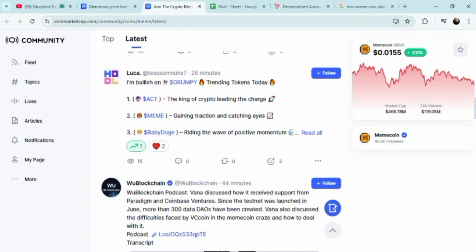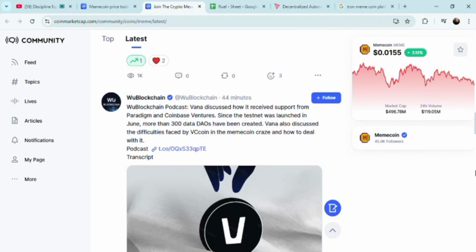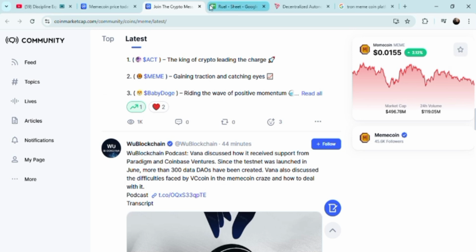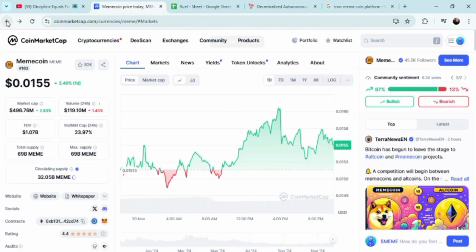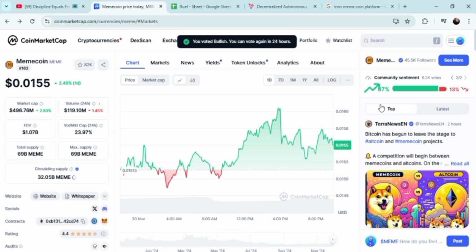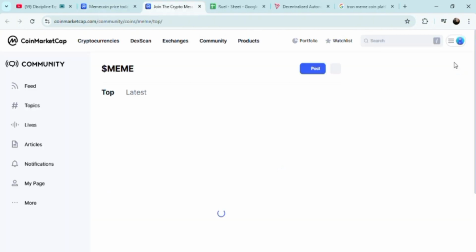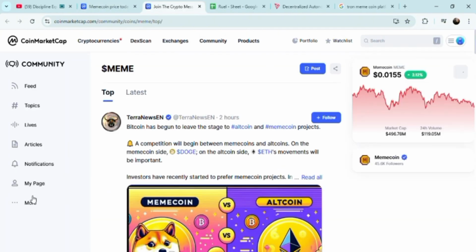Its architecture is designed to handle a high volume of transactions without significant slowdown. This scalability makes it a reliable choice for meme coin trading, like we just did. We just bought it from here using Tron, where market activity can surge dramatically due to viral trends and social media hype.